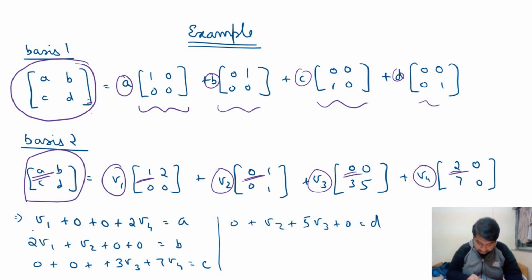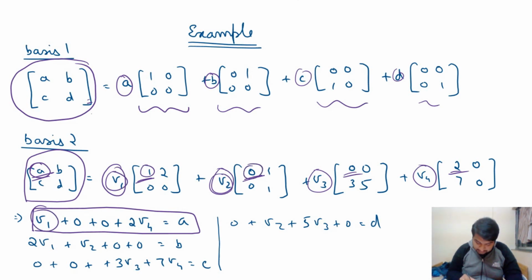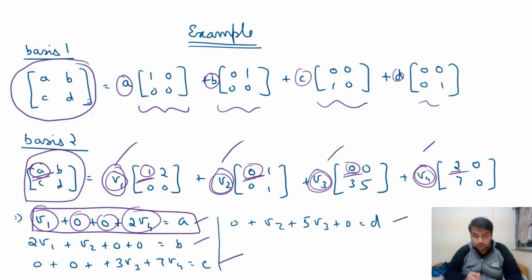So for example, if you consider this particular equation, how I got that equation is that this A must be equal to V1 times 1, that is this guy, plus V2 times 0, which is this guy, plus V3 times 0, which is this guy, and V4 times 2, which is this guy, which must be equal to A. Okay, so in this manner you can write down 4 equations and there are 4 unknowns, which means you can solve for V1, V2, V3, V4 in terms of A, B, C, D. So what you will get is some values for V1, V2, V3, V4, which will not be the same as A, B, C, D in this case.